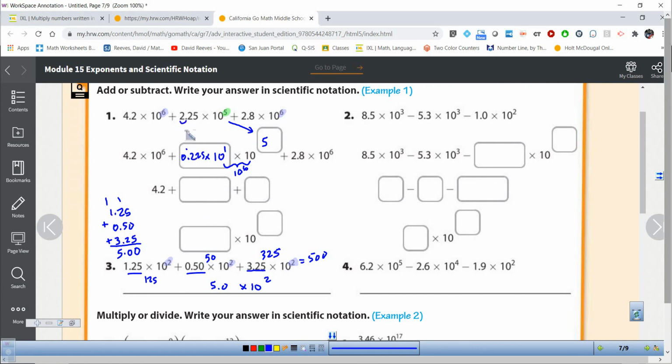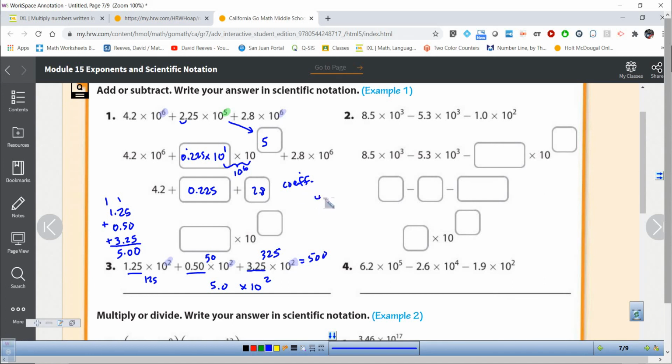So now what do I have? Now I have 4.2 plus 0.225 plus 2.8. These are my coefficients. The book called them multipliers. I call them coefficients because it goes with what we said our powers were. So I'm going to add those together.